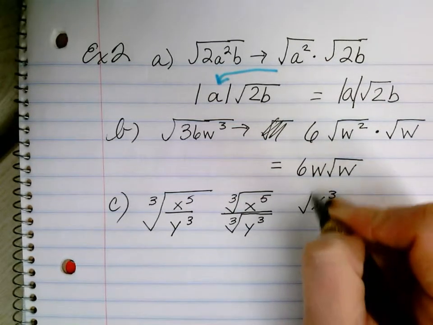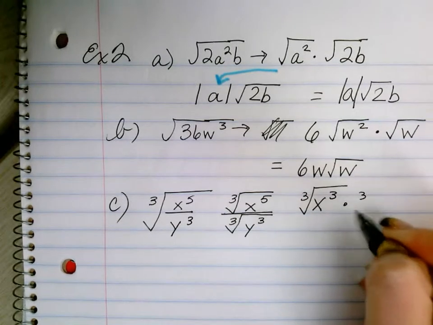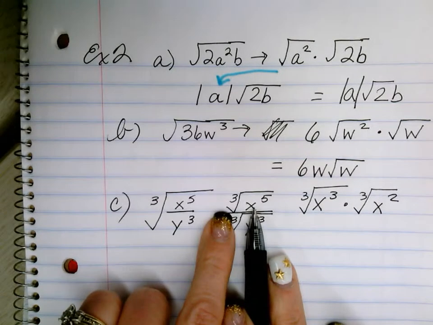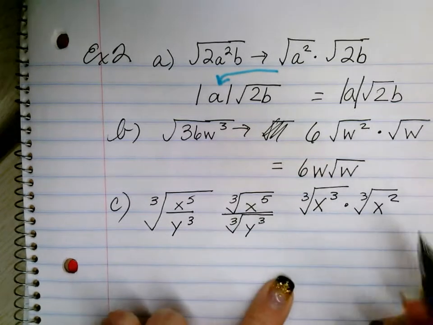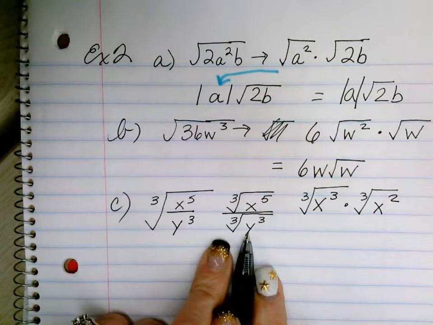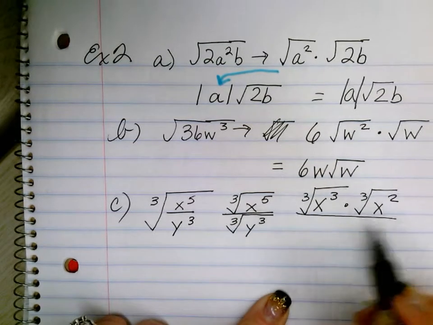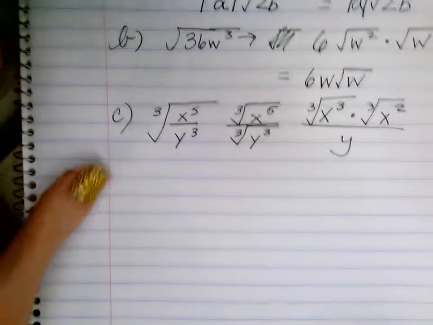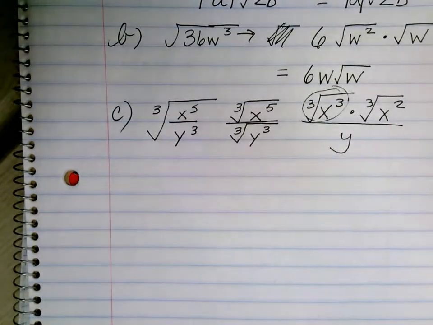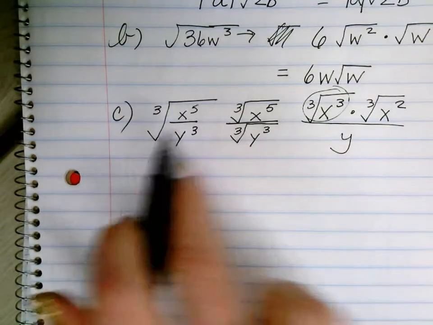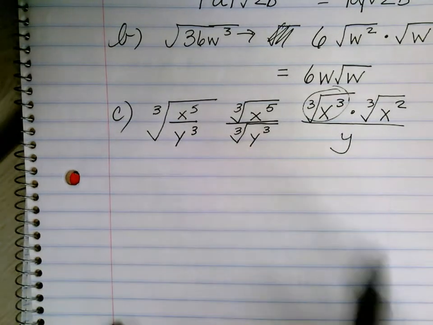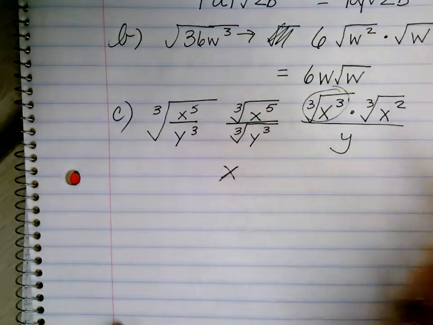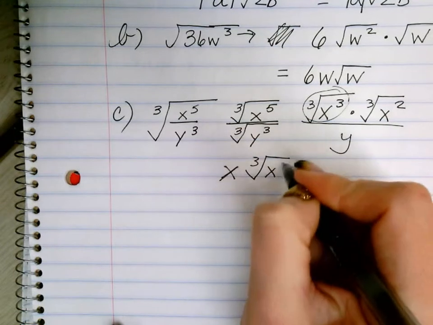x cubed times x squared's cube roots would give us that. And the cube root of y cubed is simply y. We've already simplified that one. The last bit we're going to simplify then is this. And just to keep it clear, if you don't do every single step, some of you are going to see right away that you pull out x, and you're left with the cube root of x squared.